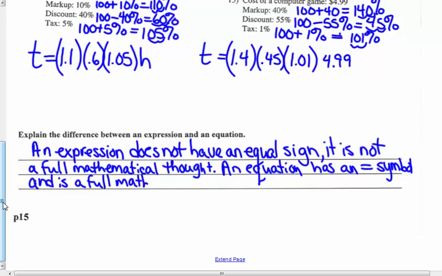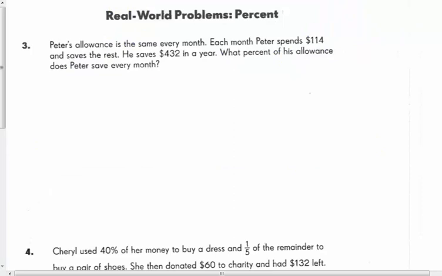It's like a full sentence in English. An expression is like a phrase in English. It's very much related. So next page, a real world percent problem.